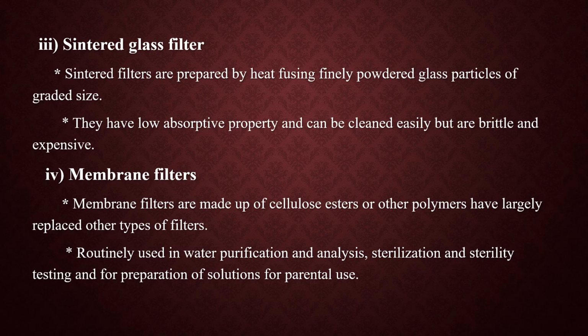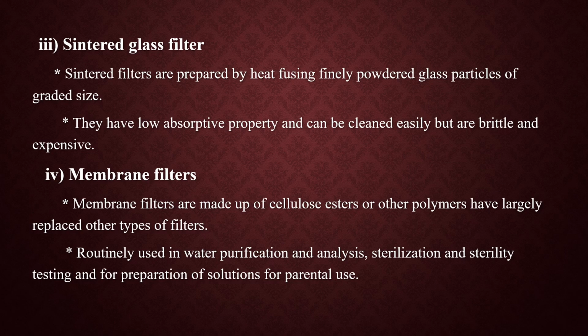The third one is sintered glass filter. Sintered glass filters are prepared by heat fusing finely powdered glass particles of graded size. These filters have low absorptive property and can be easily cleaned, but they are brittle and expensive. And the final one is membrane filter.